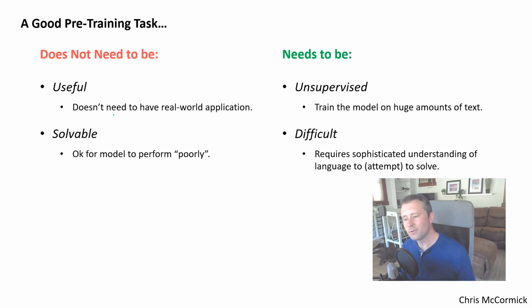And then the final quality that BERT adds to the equation is that ideally we want the task to allow for looking at the full context of the sentence on the input. So we'll talk about that more towards the end. But that's a key aspect of what BERT accomplished.